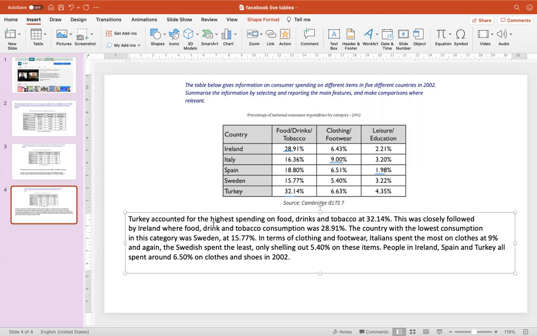Let's go with again, because when I say again, food and drinks and tobacco, Turkish people spend 32.14%, which was the highest. And again, in this category, they spend the highest. So Turkish people spend a lot of money on these things. So again, Turkish people spent the most on leisure and education.